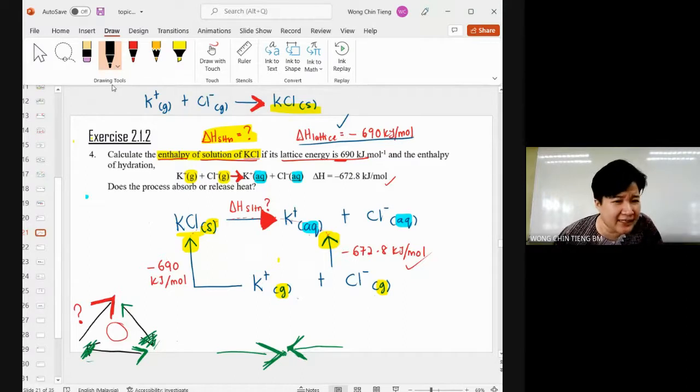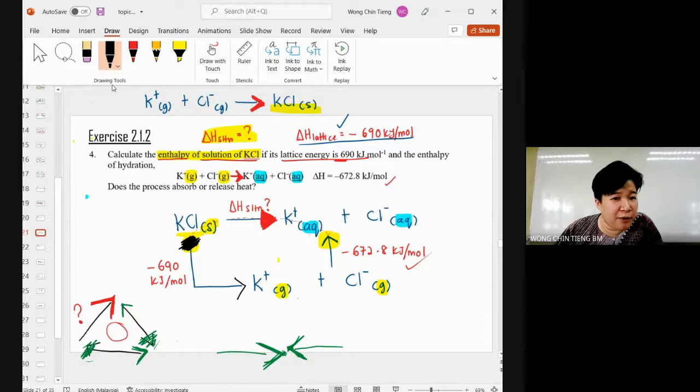Perlu lukis balik tak? Jangan bazir masa weh. Dalam exam pun sama. Ni saya buat cara exam ni. Dalam exam, padam je. Tak payah guna correction tape pun. Padam je guna pen, letak arrow kat sini. Nampak? Dan yang paling penting, boleh tak kita hanya ubah arrow tapi value tak ubah apa?